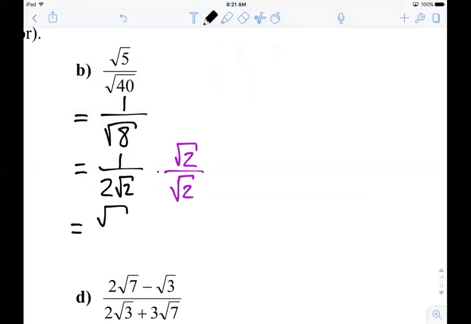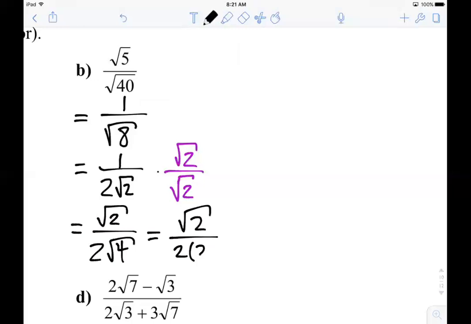Well, it gives me root 2 appearing on top, and then it's 2 times the square root of 4. Or in other words, I'll continue over here, it's the square root of 2 over 2 times another factor of 2, or it's really root 2 over 4. That's the simplest way that I can write that one.